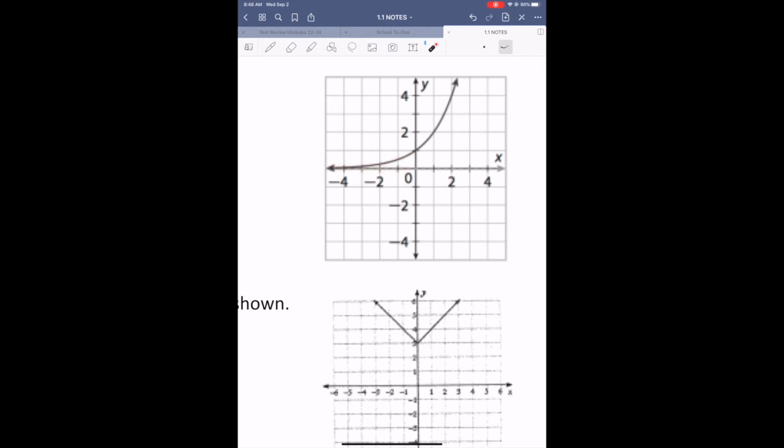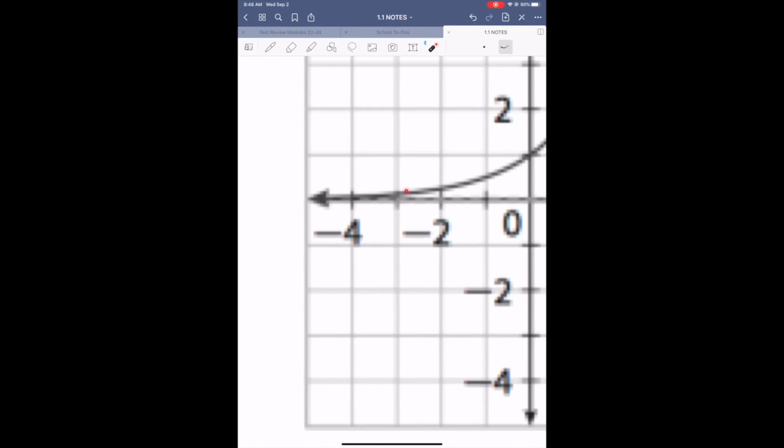But in an exponential function, this line, your function itself, will never touch the x-axis, meaning it will never reach 0. It can get down to 0.000000001, but it's not 0, okay? So these lines will never touch, although it does appear to.